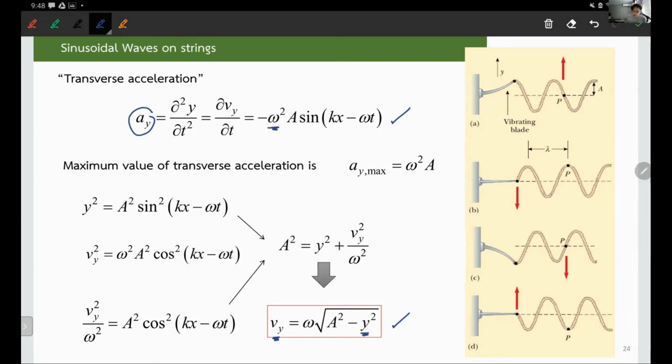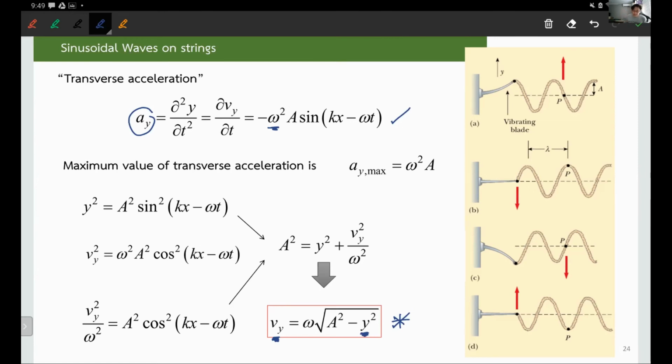The reason I put it here is it's just convenient that whenever you know your transverse position, you will know the speed automatically. So I'll give this formula in the exam paper so you don't have to memorize it if you don't want to. But think of it like a shortcut, going from the transverse displacement directly to the transverse velocity, or transverse speed. I have to put the transverse all the time.